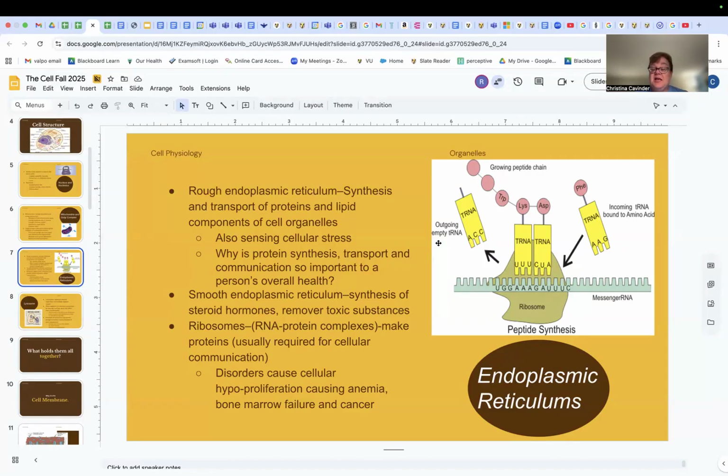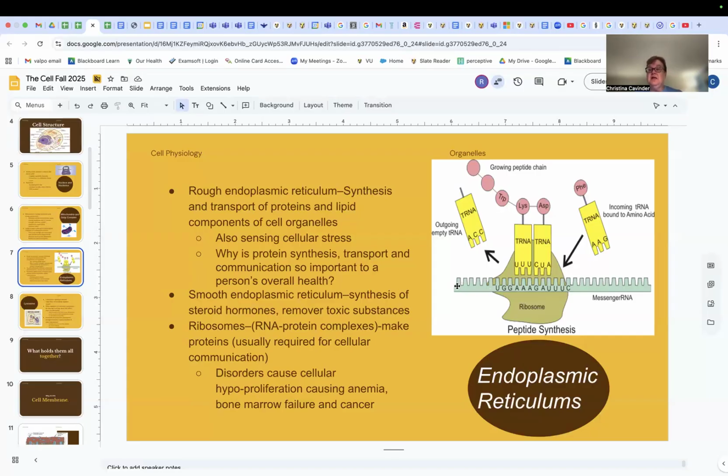Ribosomes are what are sitting on the rough endoplasmic reticulum. That's why we call it the rough endoplasmic reticulum. And if you look here, a ribosome makes the RNA protein complexes. So it makes proteins. So your DNA will separate and you will get RNA. And we have messenger RNA here, which is saying, I need this particular protein made for my body.